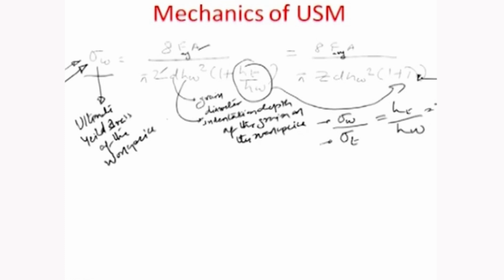Now if we really try to see what the Z value is, the grains per impact, the number of grains in contact between the workpiece and the tool in one impact would be.